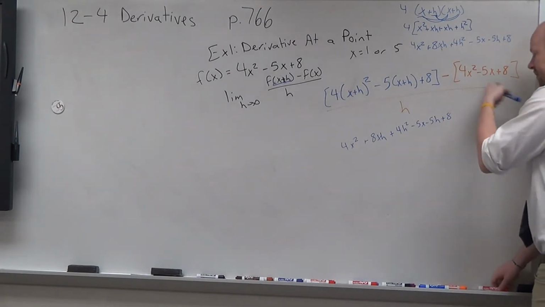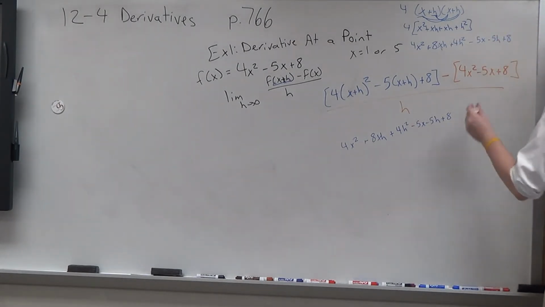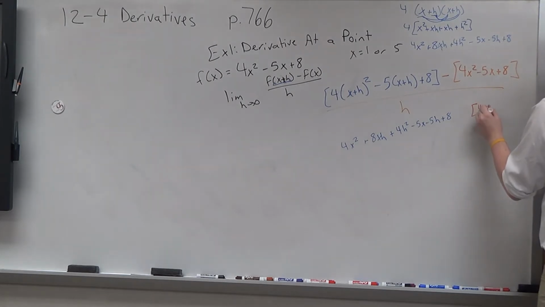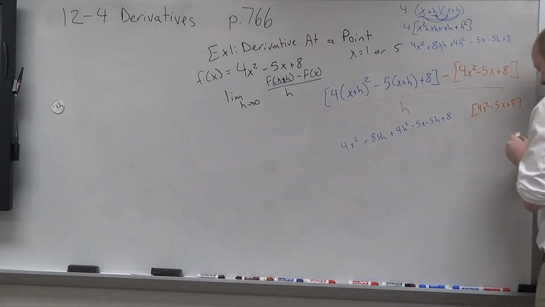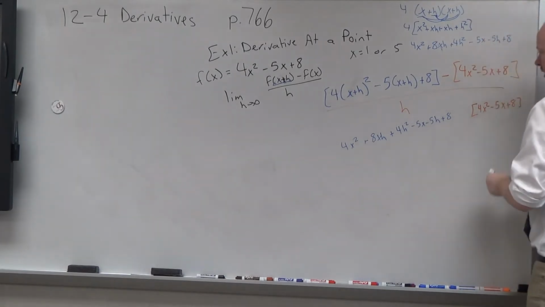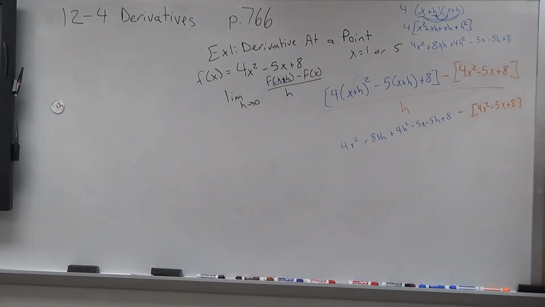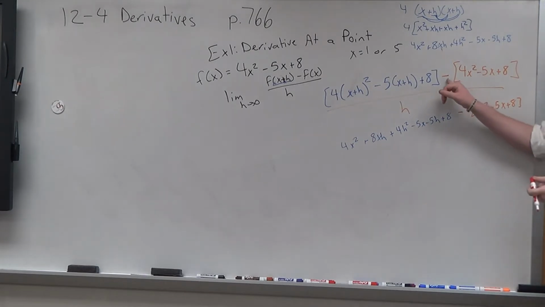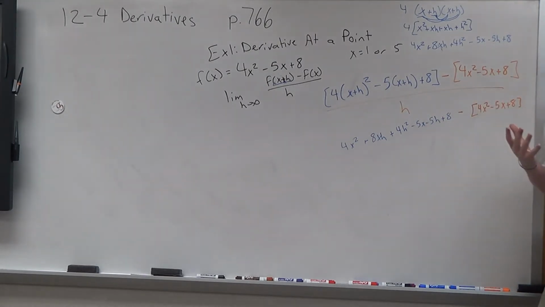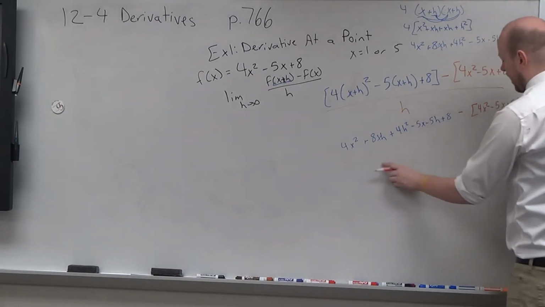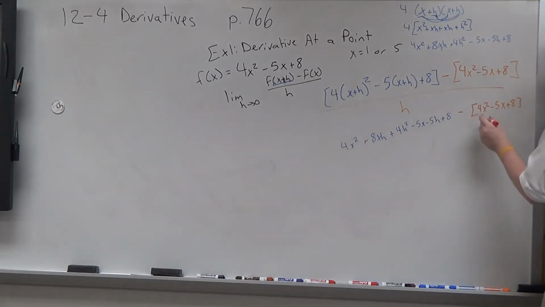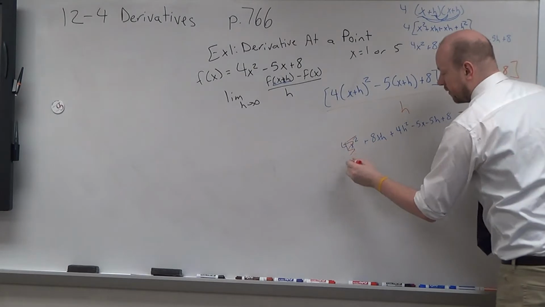And then I have my f of x still of 4x squared minus 5x plus 8. Now the thing is, technically, I'm subtracting. Please do not just put the negative on the 4x squared. That's a very common mistake algebraically. So I get 4x squared minus 4x squared, so those terms cross off.